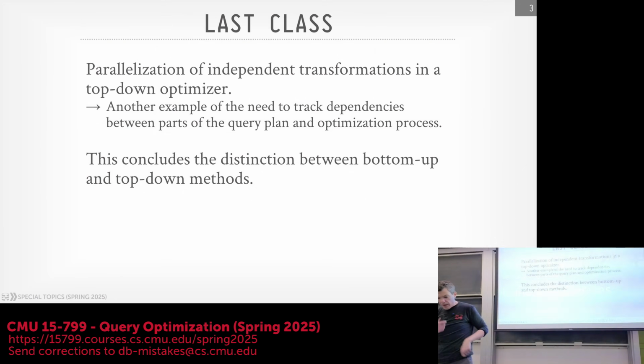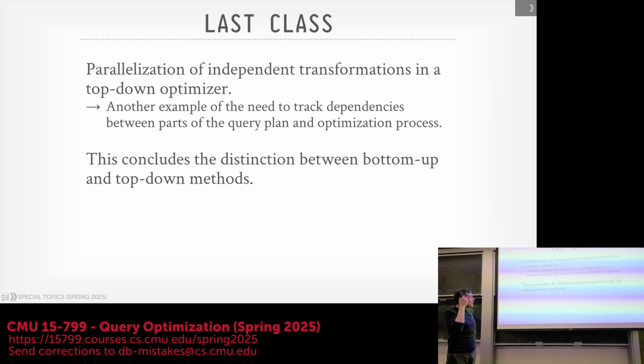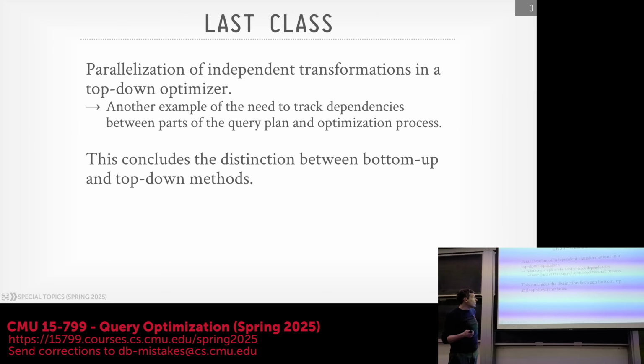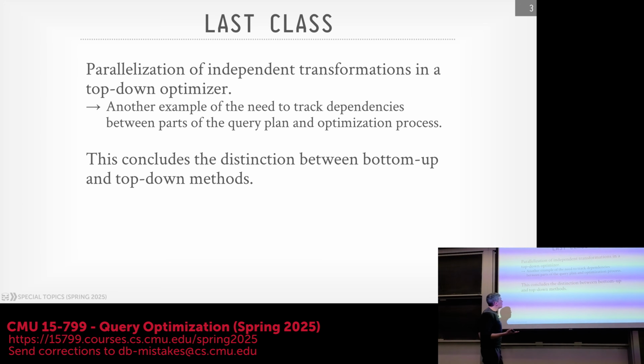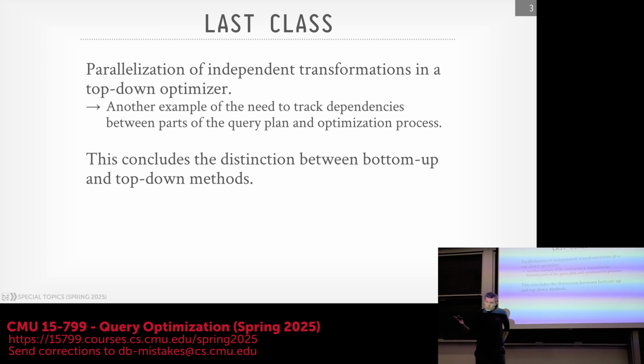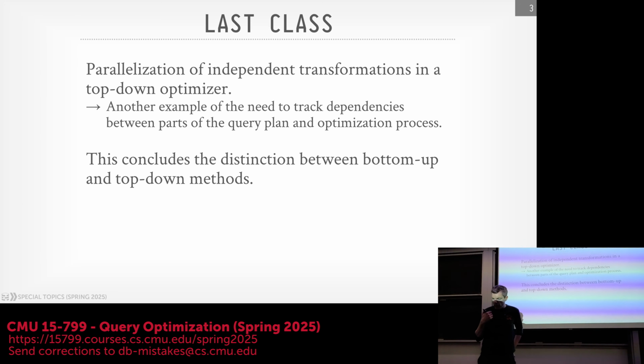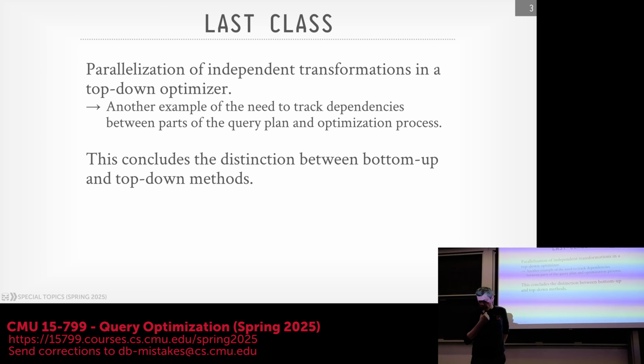But before we get to that, as I said, last class was talking about how to parallelize transformations in a top-down optimizer, and that was coming after we discussed how to do parallelization in a bottom-up optimizer.